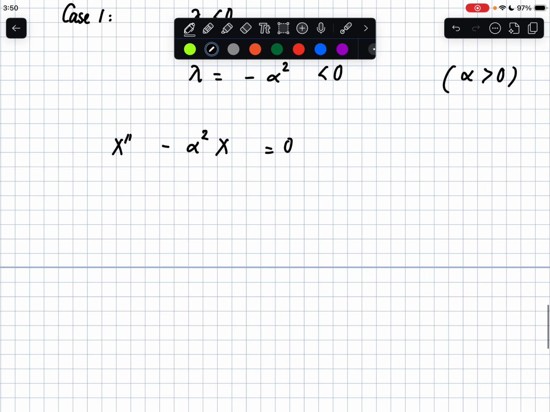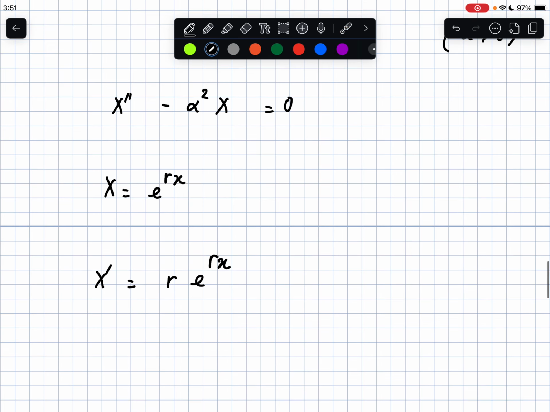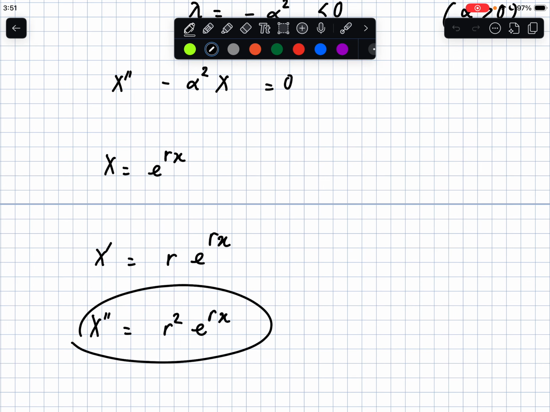And now you let X be e power r times x. So X prime will be r e power rx, and X double prime is r square e power rx. Replace that here into the equation.